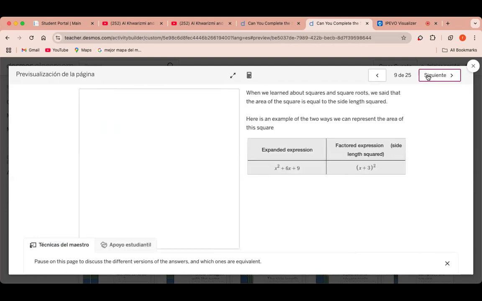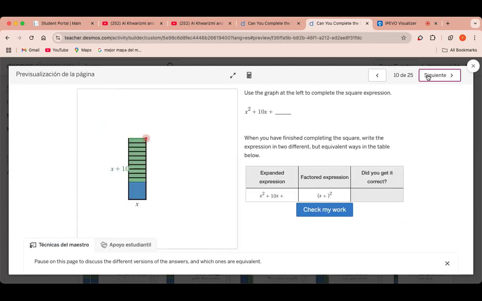And then I will work with them on activity 9, for example, here: how you can represent this expression as an expanded expression or a factored expression. Let me show you a little here. We have x plus 10. So we move here. We need to have the same 10 rectangles: 1, 2, 3, 4, 5, 1, 2, 3, 4, 5. How much do I need here?